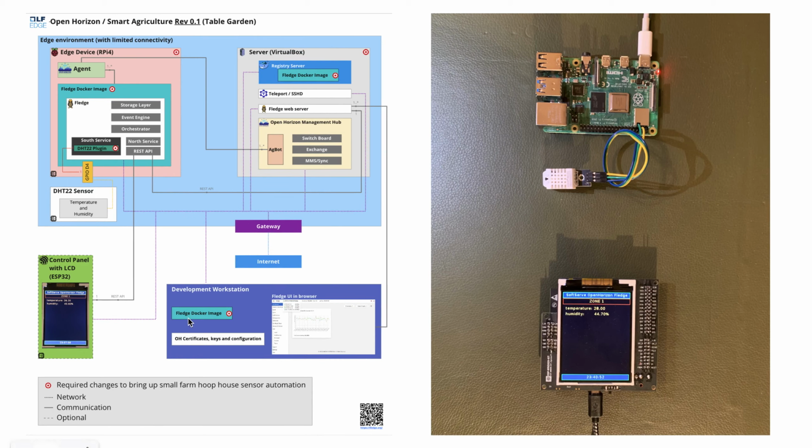So this Fledge Docker image is published in the registry server first, then it is signed and reported to the Open Horizon Management Hub, to the Exchange, I think, and it is later synchronized via AGBot to the agent, and the agent, after checking the signatures, just goes to the registry server as specified in the service file, downloads it and runs it on the board.